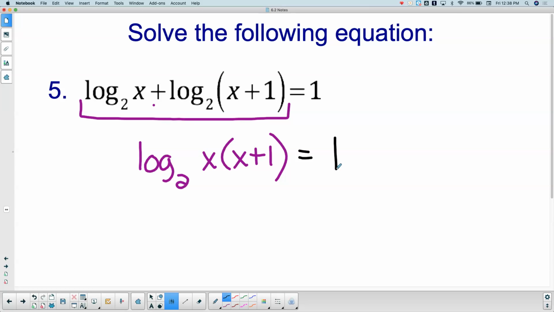Now I have a single log equation. So if we go back to what we started with today, we need to isolate, switch forms, solve, and check. If I switch forms with this, my base would be 2, my exponent would be 1, my argument is x times x plus 1.